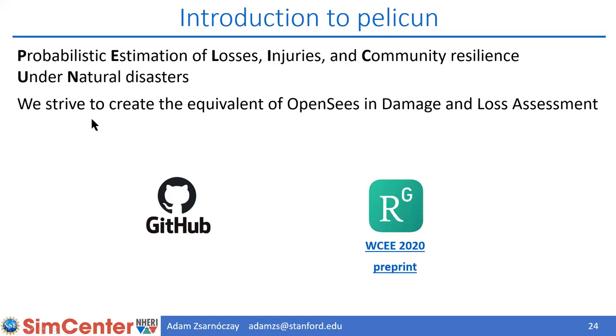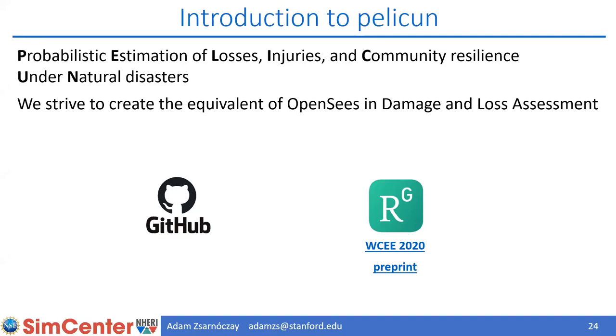In short, Pelican stands for probabilistic estimation of losses, injuries, and community resilience under natural disasters. It's not just a software, but it's also a framework of different methods and tools. And we strive to, you can think about it, create something like OpenSees, but not for response estimation, but for damage and loss assessment.